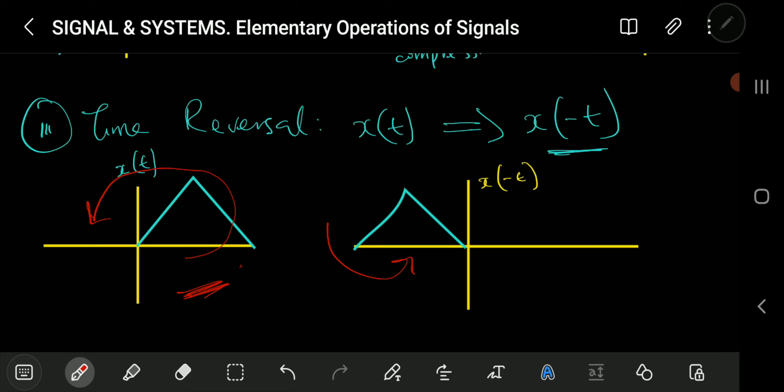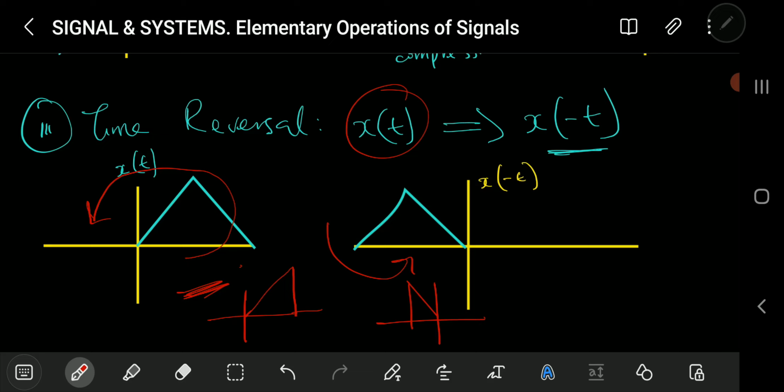Once you mirror a signal along the y-axis, if x of t is the signal itself, it becomes x of minus t, and this is what it's going to look like. So it could be anything. You can have a signal that looks like this, and if I should mirror this, then it will look like this, exactly. So once something like this occurs, that means time reversal has taken place.